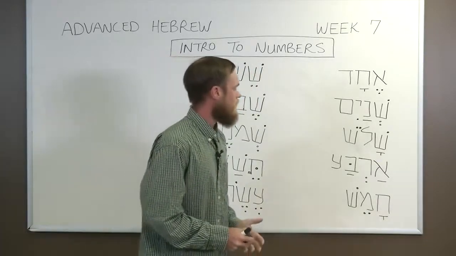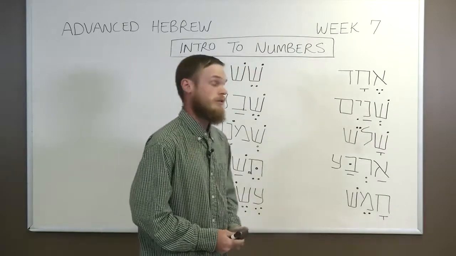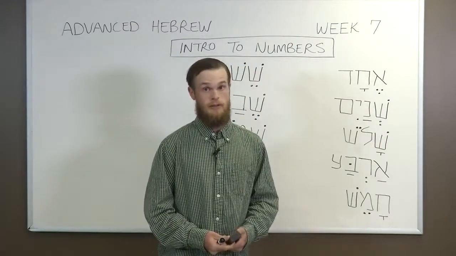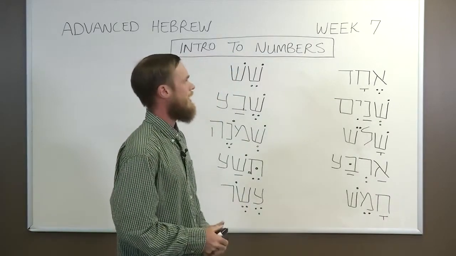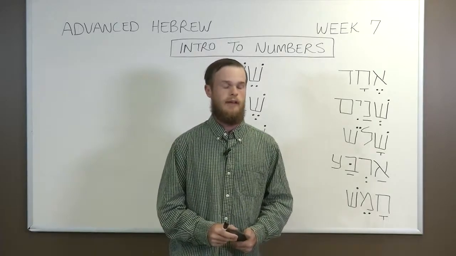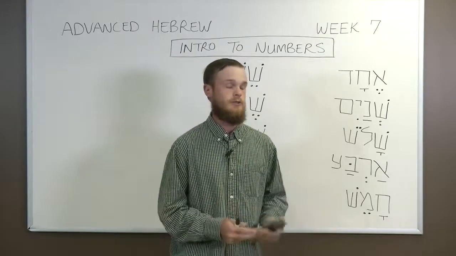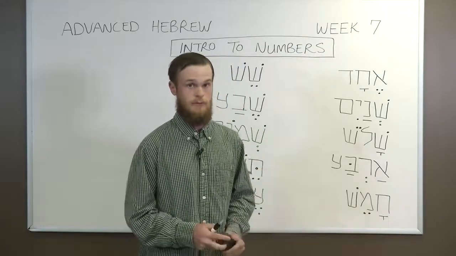So, cardinal numbers in Hebrew have two genders. Okay, they can be masculine or they can be feminine, and they have two ways they can function. So a cardinal function, the first function I will introduce is numbers functioning as adjectives.